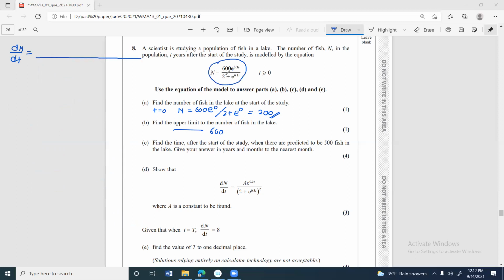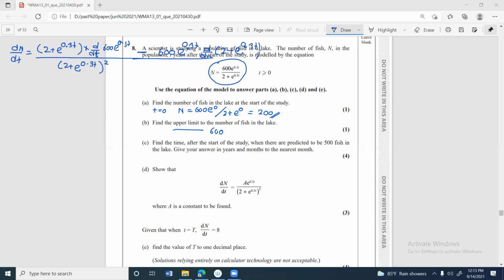The quotient rule is: square the denominator, keep the denominator and differentiate the numerator, d by dt of 600 e to the power 0.3t, minus keep the numerator, 600 e to the power 0.3t, and differentiate the denominator, 2 plus e to the power 0.3t.